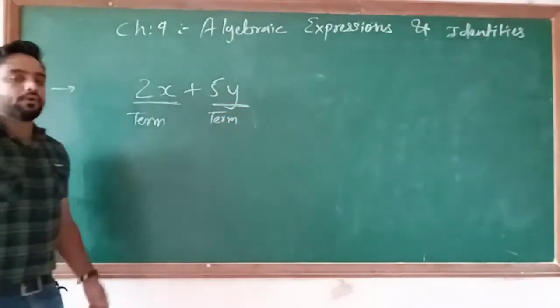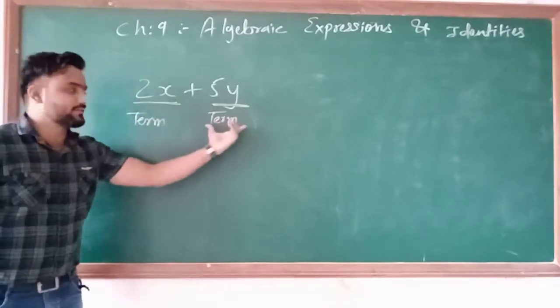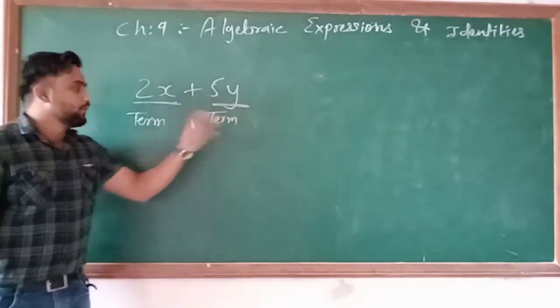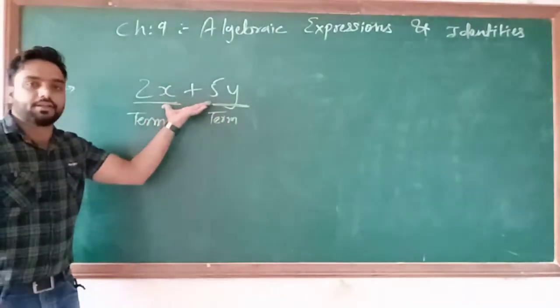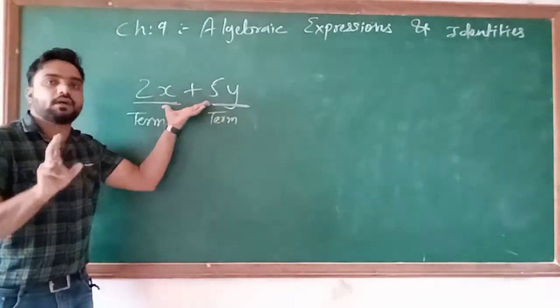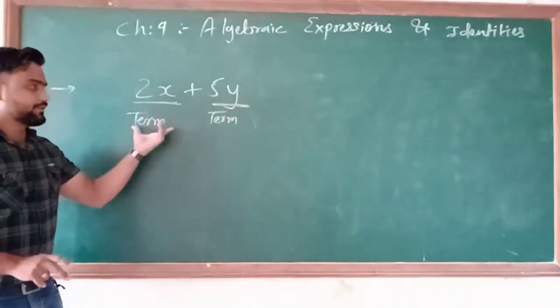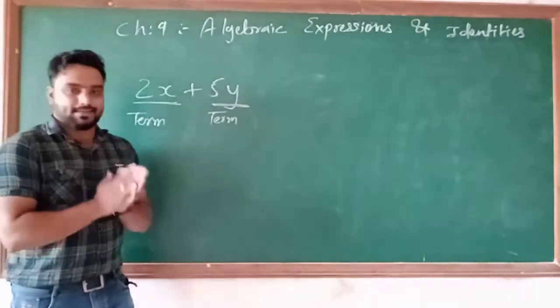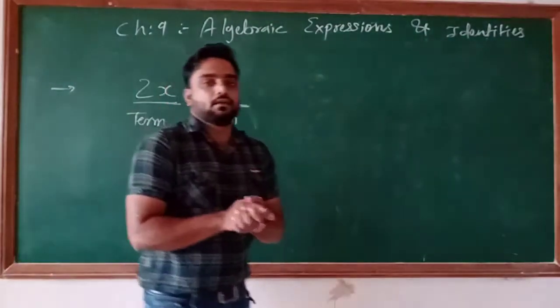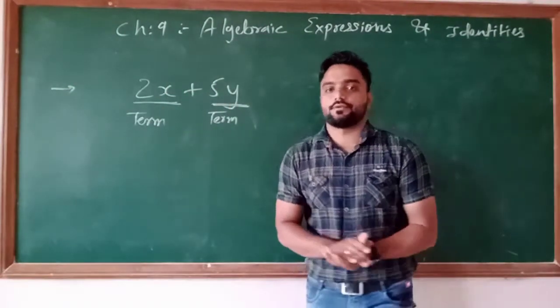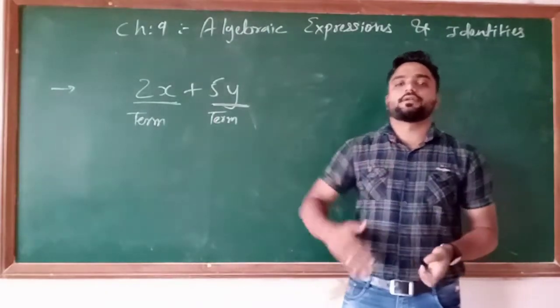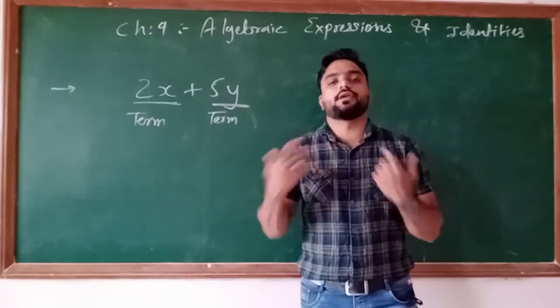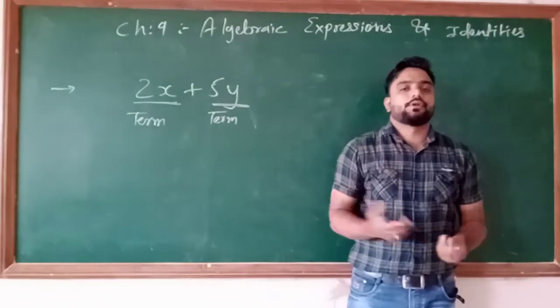This is the first term and this is the second term. So this expression contains how many terms? Two terms are there. So we are clear about the term. Any expression may contain one term, two terms, or more than two terms.